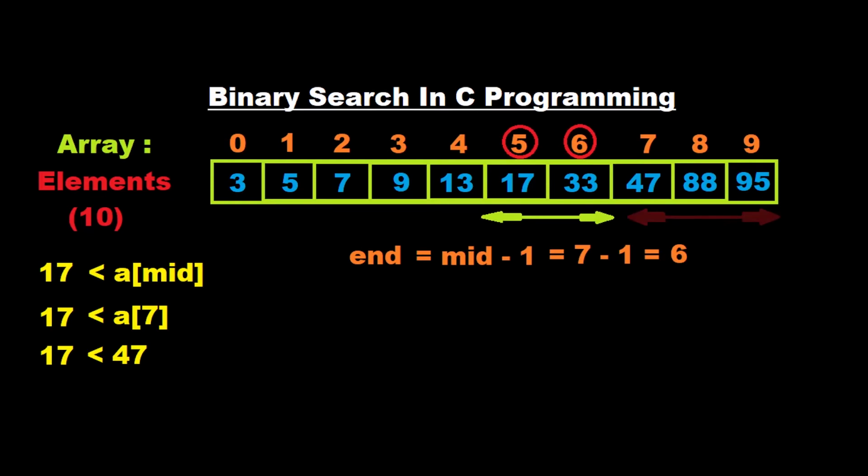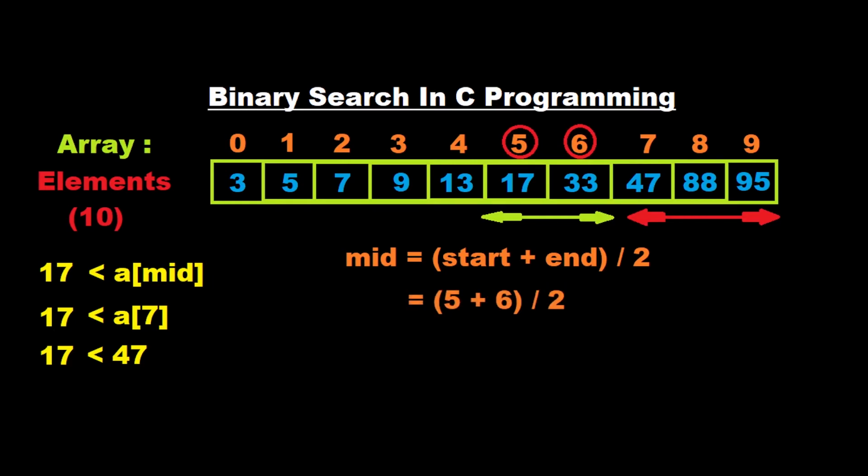So we are skipping this end part because the key value is not present here, or it is less than this part. So now again mid is equal to start plus end divided by 2 is equal to 5 plus 6 divided by 2 is equal to 5 approximately.